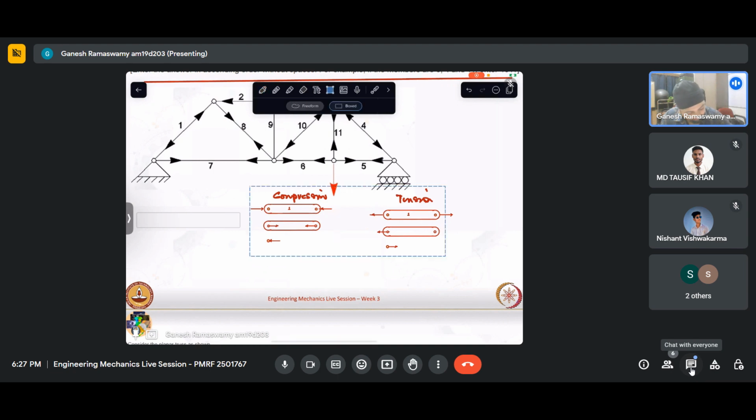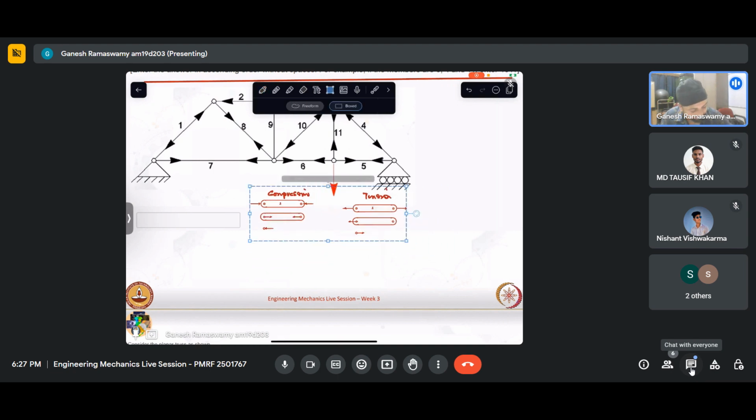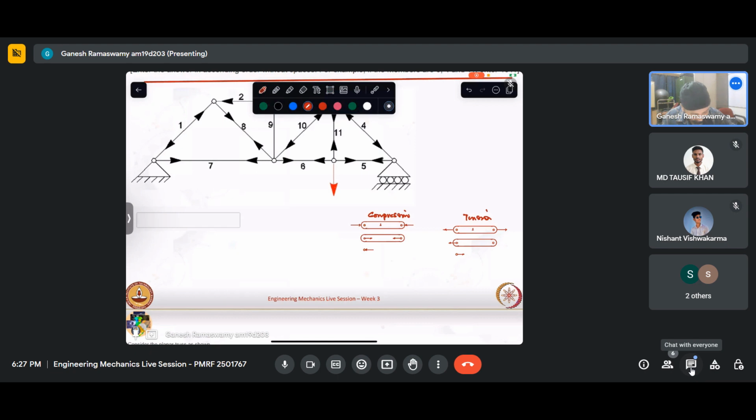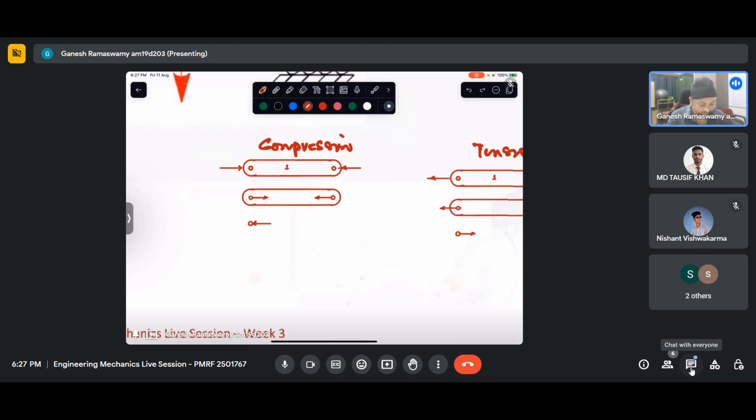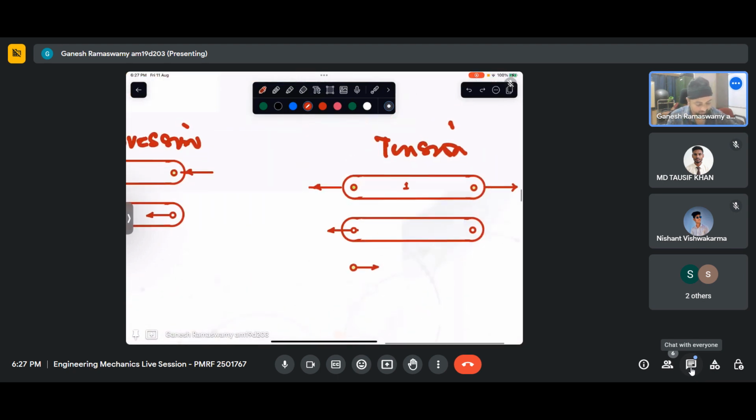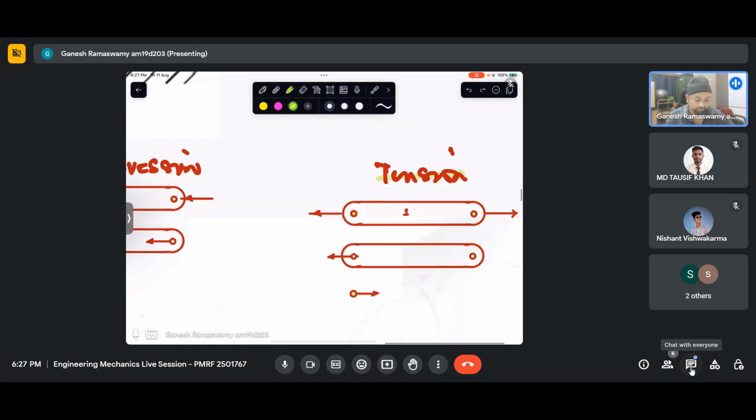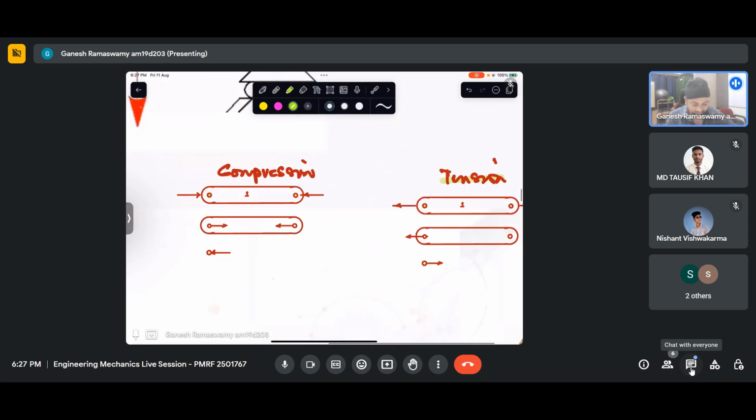So with this understanding, if we take here, we will be taking the pin as the reference, and whatever forces are pointing away from the pin. So this is pointing away from the pin. We can see that the member would be in tension. Similarly, when it points towards the pin, the member would be in compression.